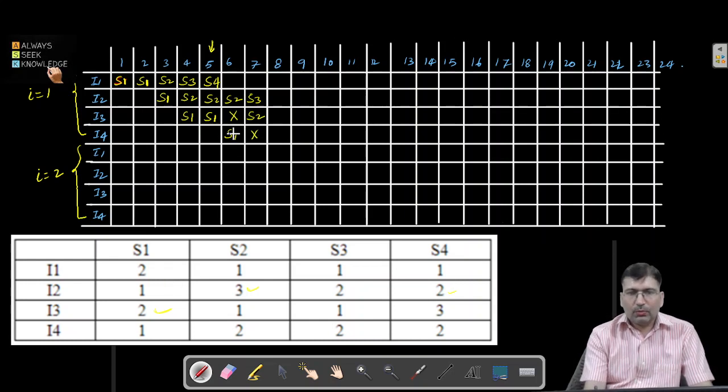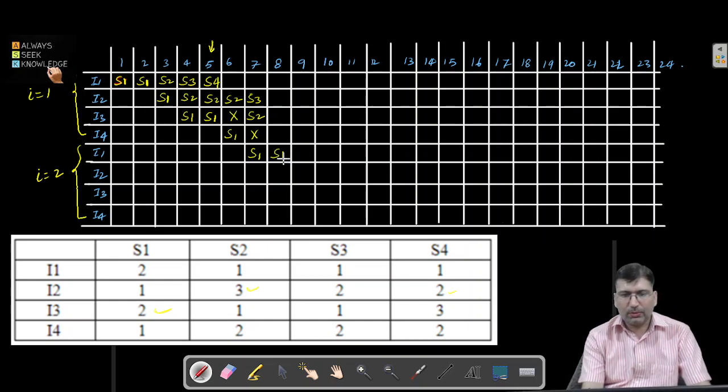But the work of I4 in stage 1 is done. So here we can shift I1 into stage 1 again for i equal to 2, for the second iteration. And I1 will stay in stage 1 for 2 machine cycles.